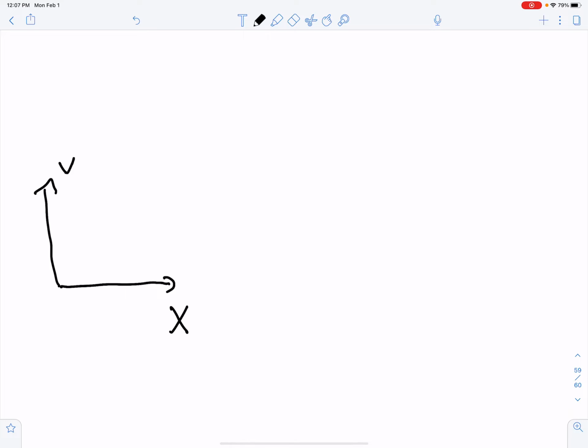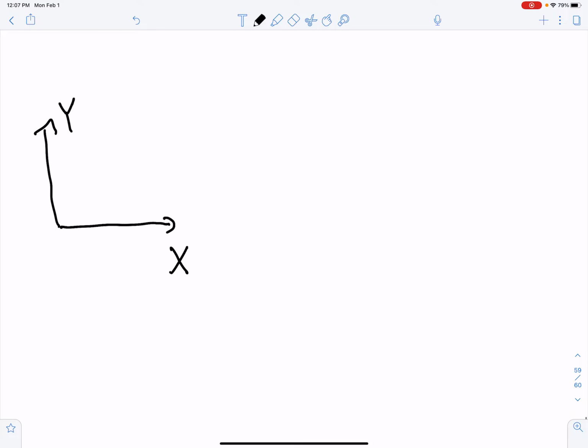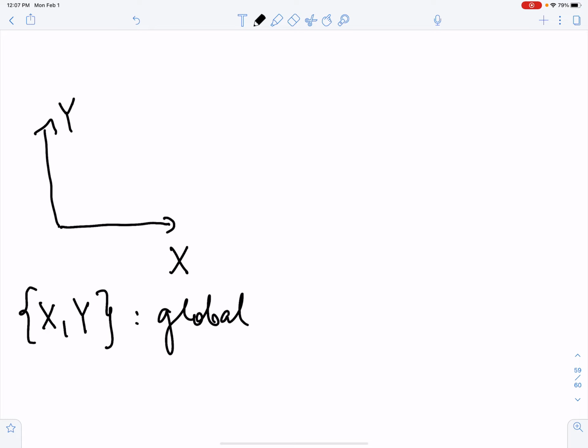So the machinery that's involved here is as follows. Supposedly you have a fixed coordinate system, and I will use capital X, capital Y here. So coordinates X and Y are a part of a global reference system.